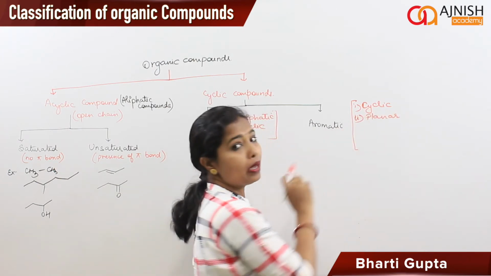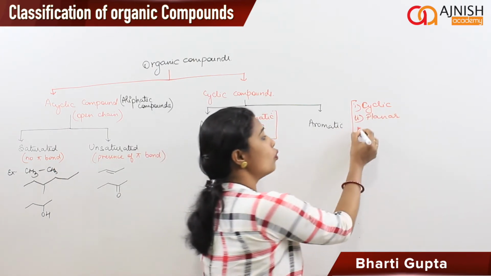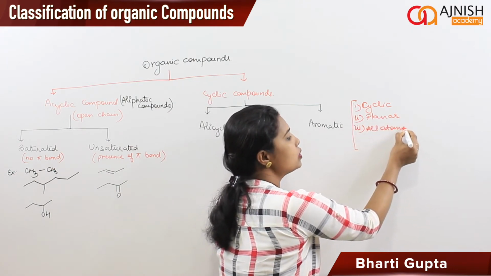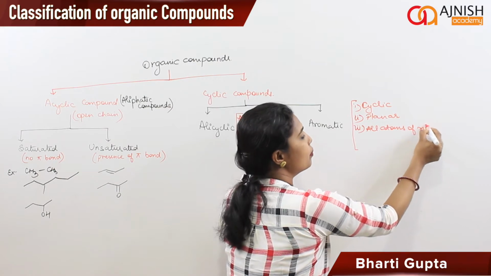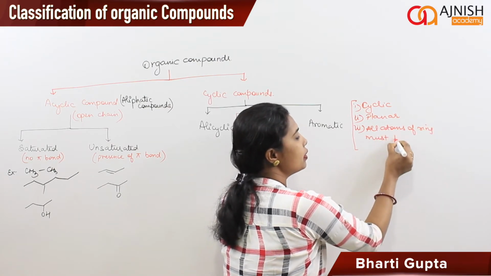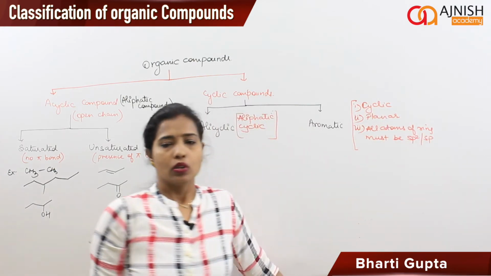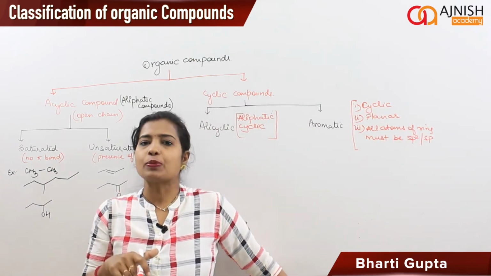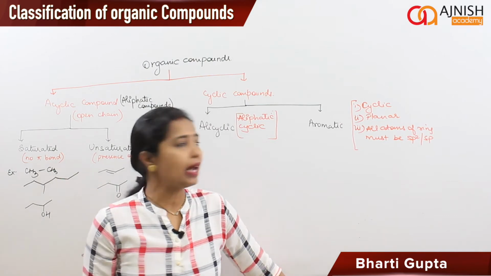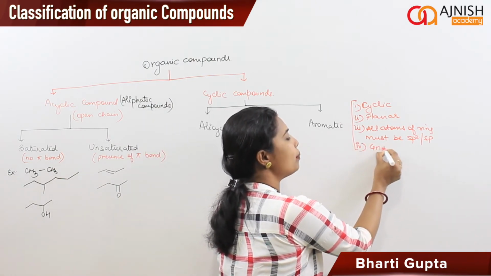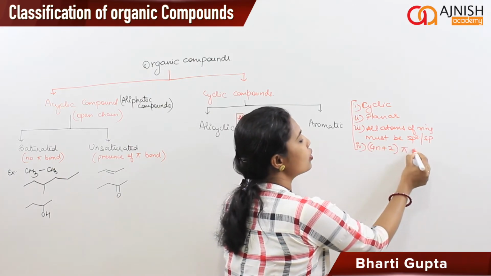The molecule must be planar, and for it to be planar, all atoms of the ring must be sp2 or sp hybridized. If all atoms of the ring are sp2 or sp hybridized, definitely the molecule will be planar. And the last condition is that it must have 4n plus 2 pi electrons in the ring.